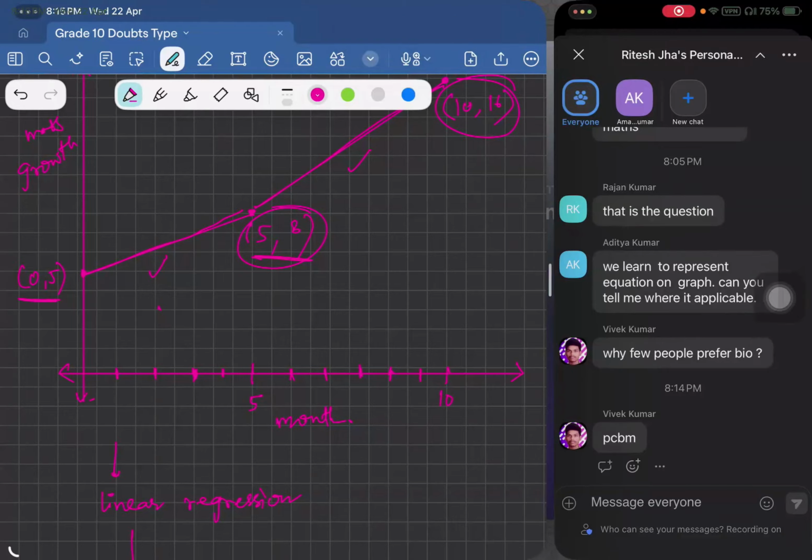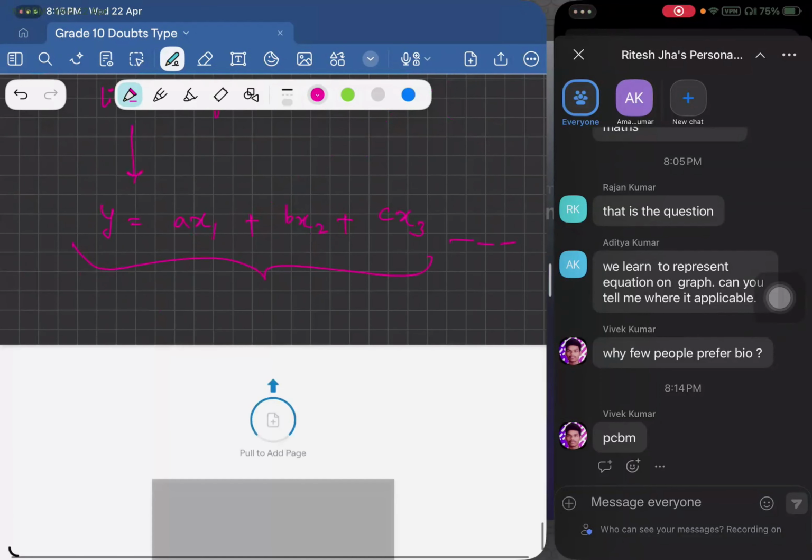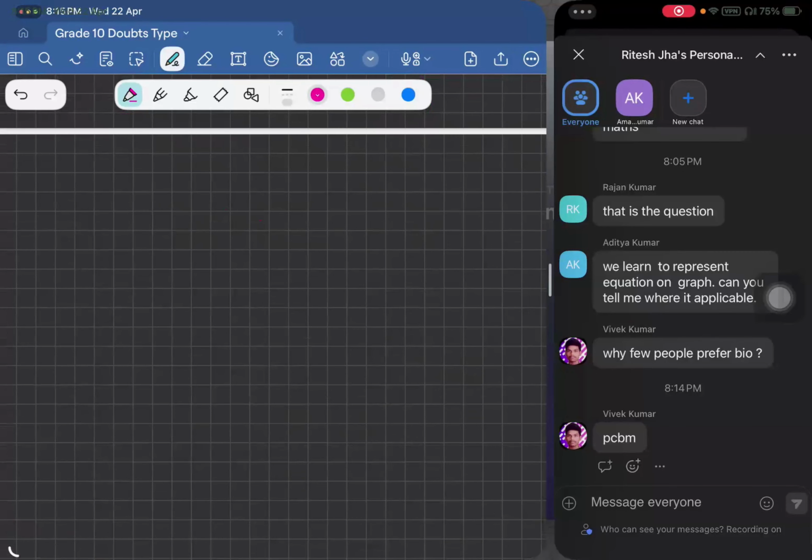Suppose you're relating it to physics, let's say. So if I know about the heartbeats.